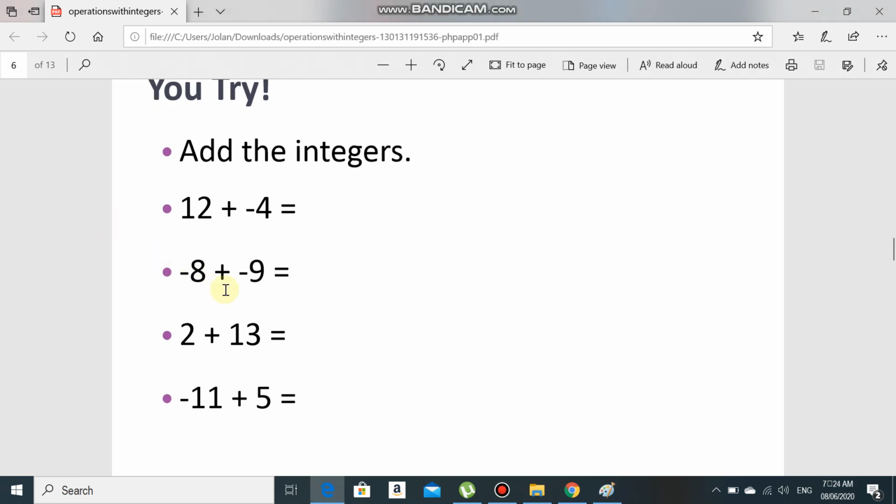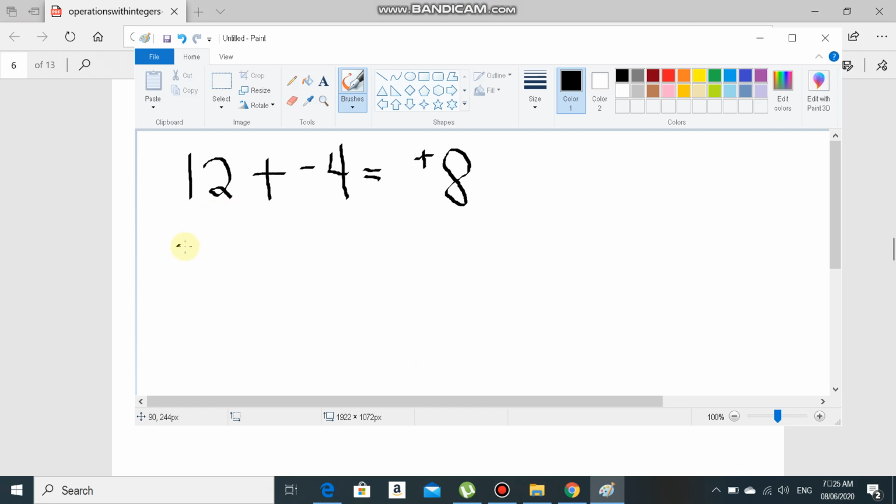Next is negative 8 plus negative 9. Both numbers are negative, so we apply the second rule, which is to add these two numbers. 8 plus 9 is 17, and we make 17 negative.